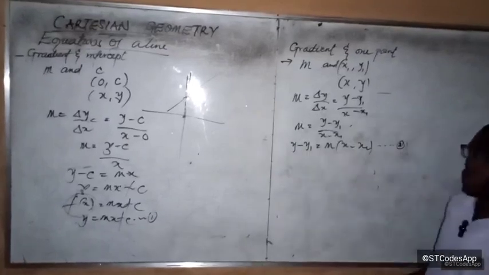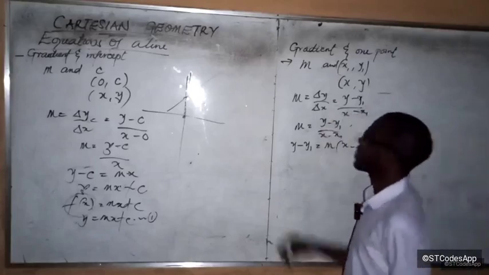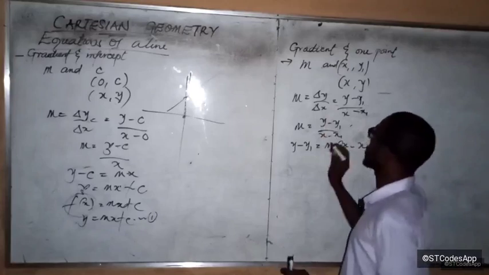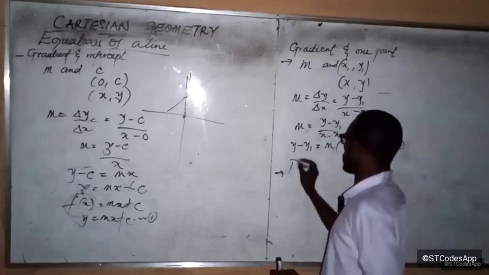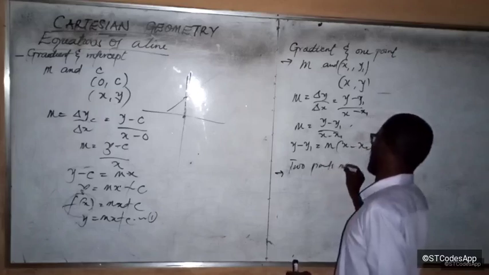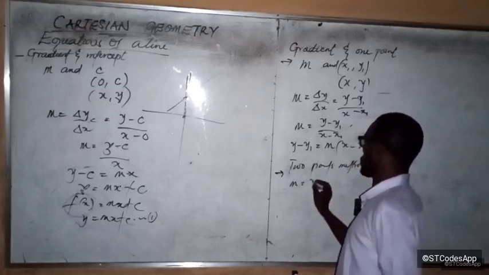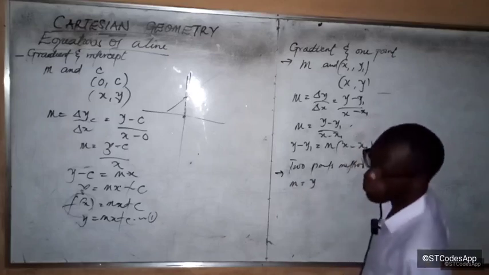So what if we are now given 2 exact points? That is where we now use the 2 points method. If we're given 2 points, we will not be given the gradient.